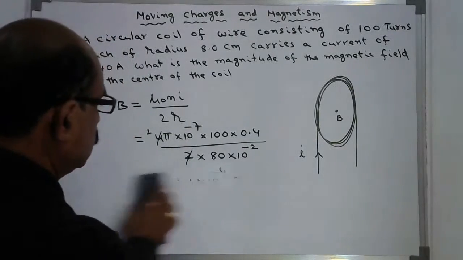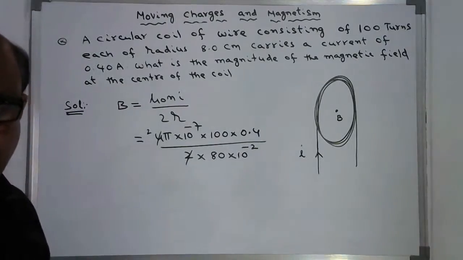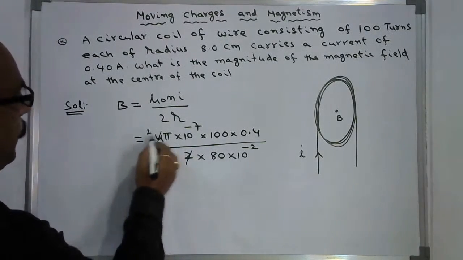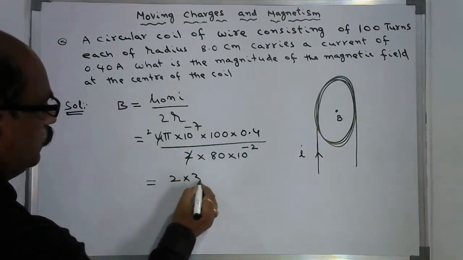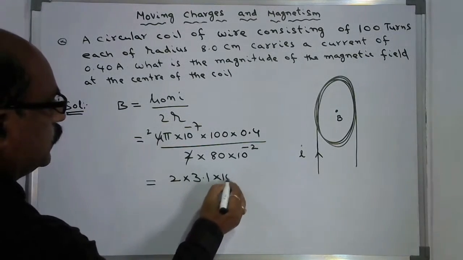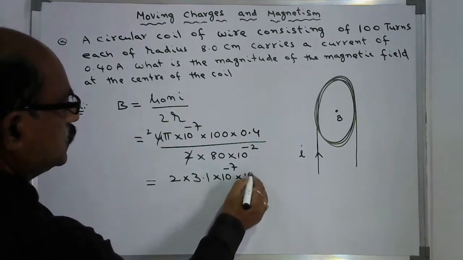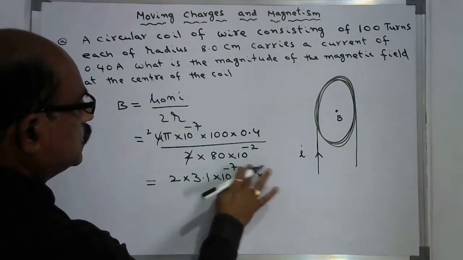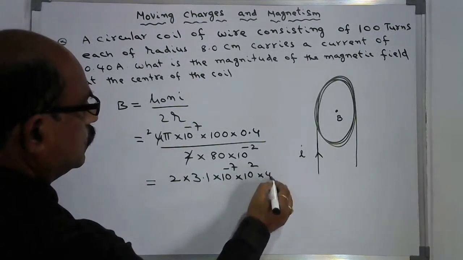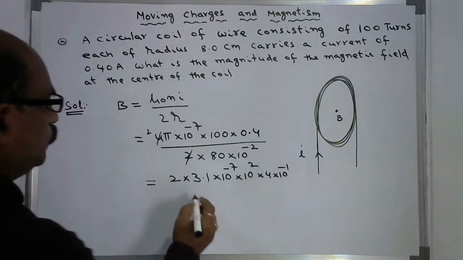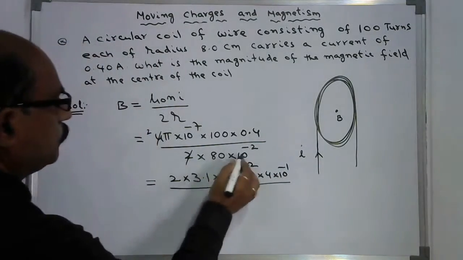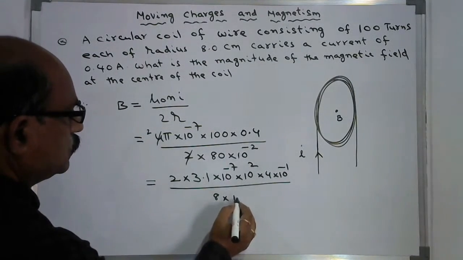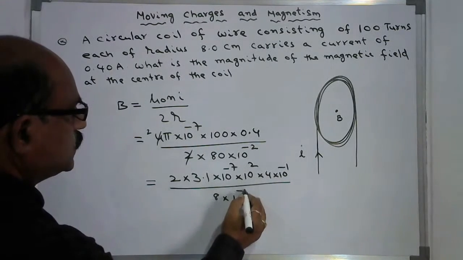Say this is equal to 2 into 3.1 into 10 power of minus 7 into 10 cube, 10 square, 10 square into 4 into 10 power of minus 1, whole by 8 into 10 power of minus 1.